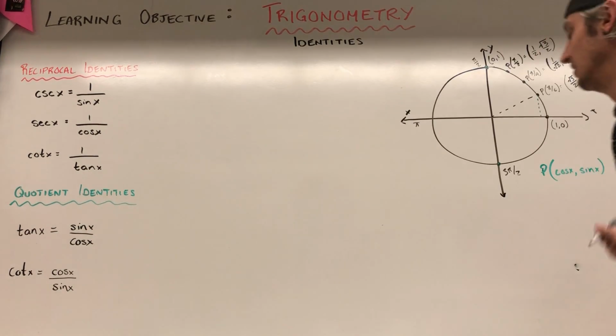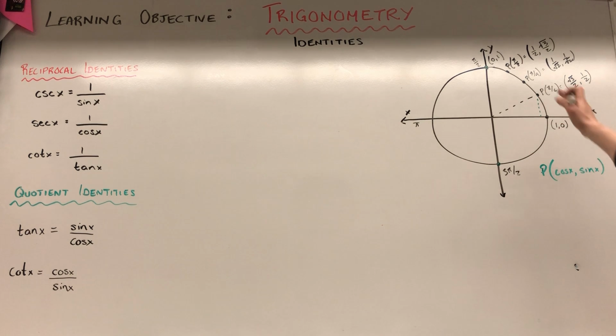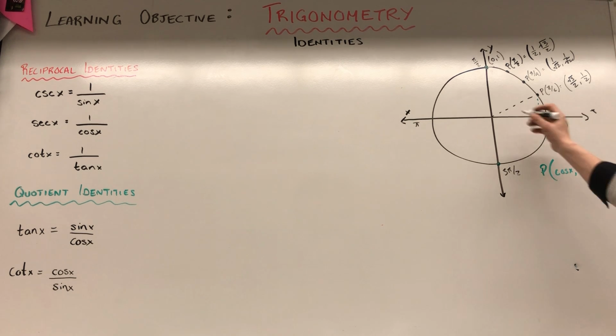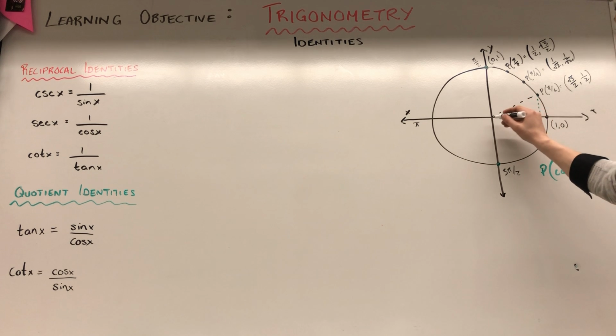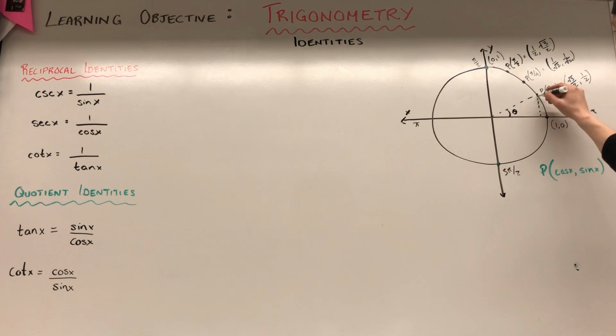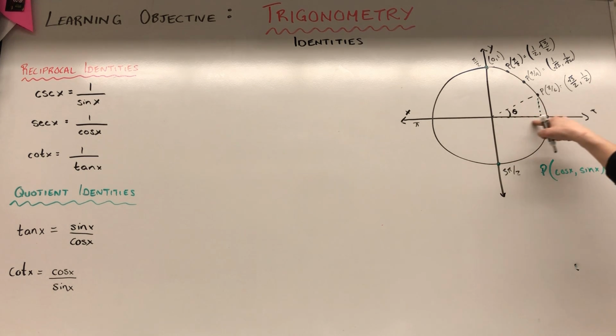And we get that because we know that any point on our circle is going to be cos x for the x coordinate, sine x for the y coordinate. Just like any point is going to be here with an angle here, and then sine x will be the y coordinate, and cos of that angle, of theta, will be the x coordinate.